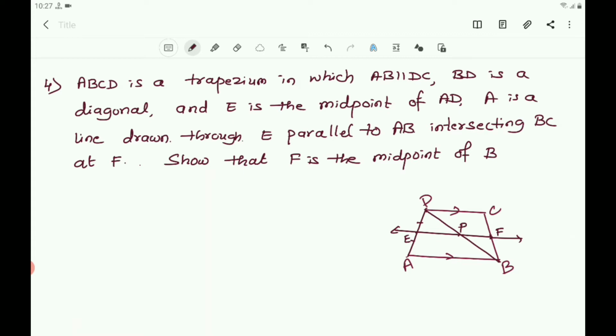So you write the solution here. Given, what is given?